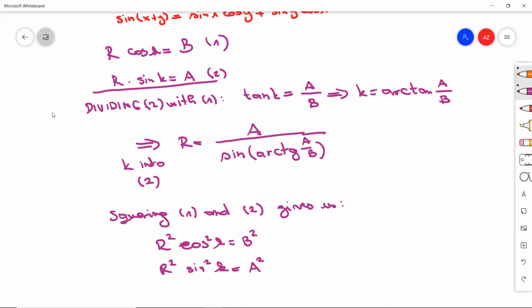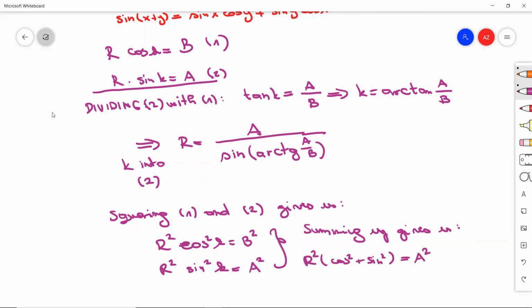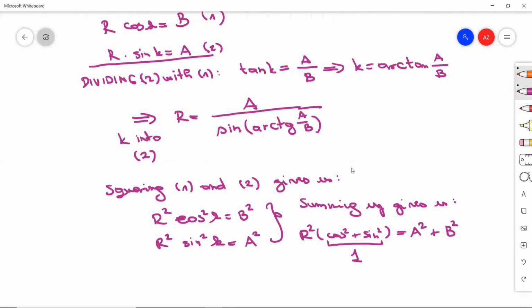How can I get rid of cosine and sine? Yes, so we just sum up those two. Summing up gives us r squared times cosine squared plus sine squared is the sum of squares a squared plus b squared, and cosine squared plus sine squared is in fact 1. So r squared is a squared plus b squared, so r is the positive square root of a squared plus b squared.